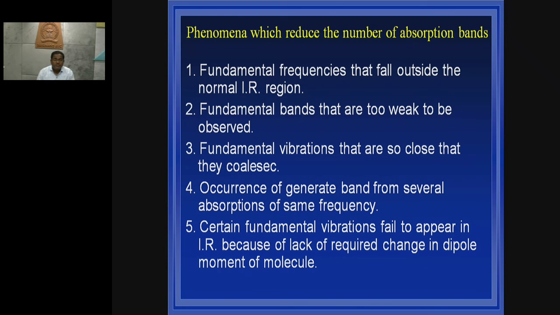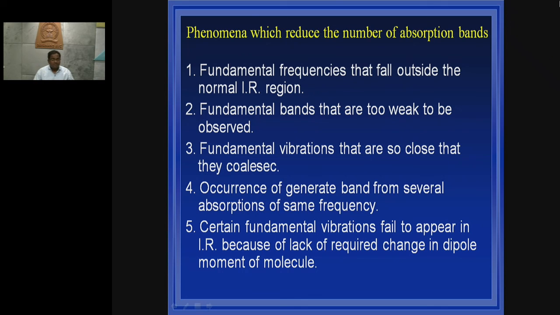These are the phenomena which increase the number of absorption bands. Now the phenomena which normally reduce the number of absorption bands. First, fundamental frequencies that fall outside the normal IR region. Sometimes some fundamental frequencies come out of the IR region, so automatically they are not observed. Second, fundamental bands that are too weak to be observed.